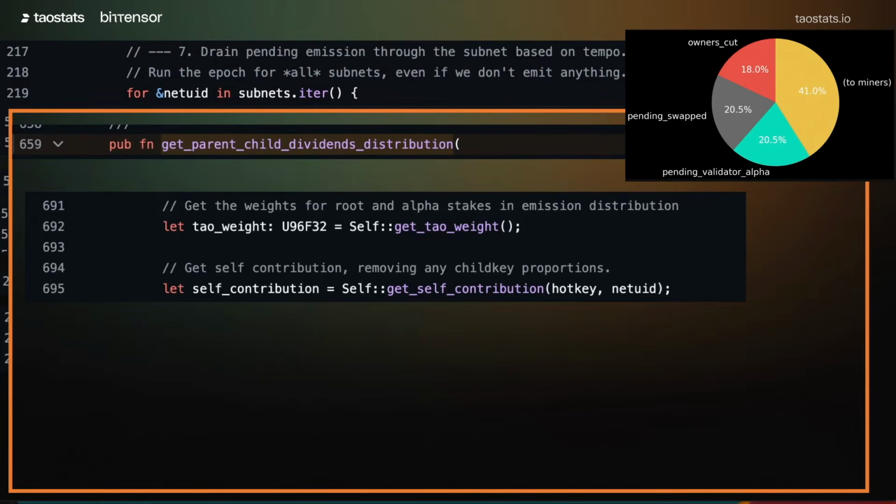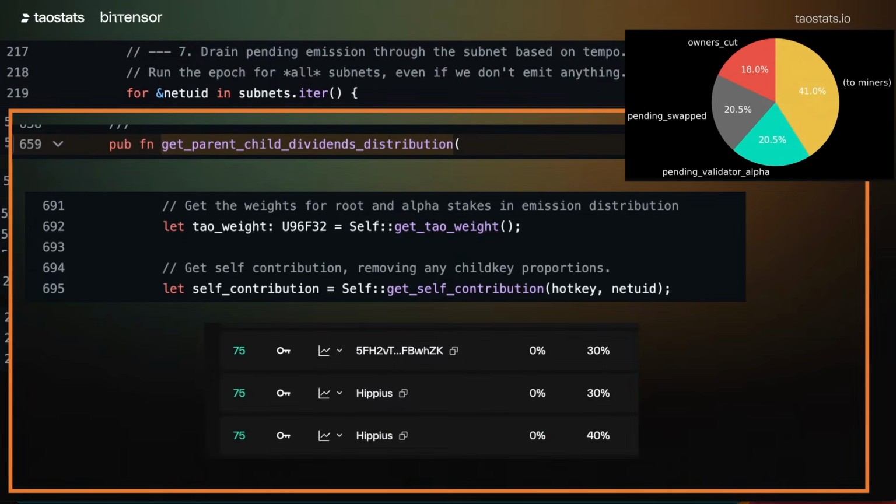If you remember, the tau weight is 0.18 and it's defined on chain. The next step is to find the contribution of the child. What's the dividends distribution for the child? We're going to get that through the self-contribution function. Parent and child hotkeys don't need to use 100% of their alpha and root on their child.